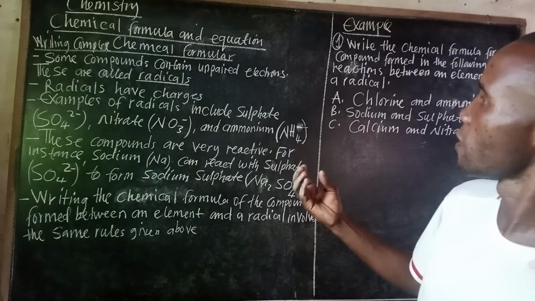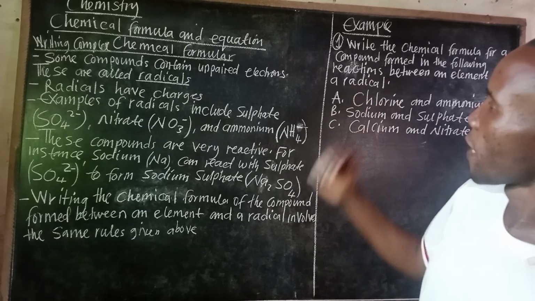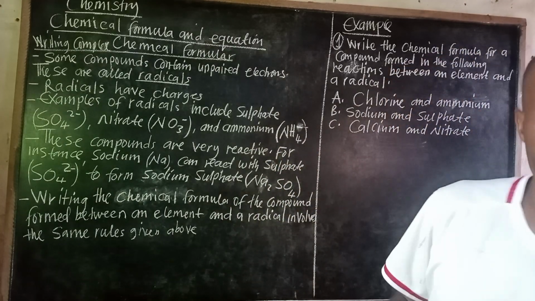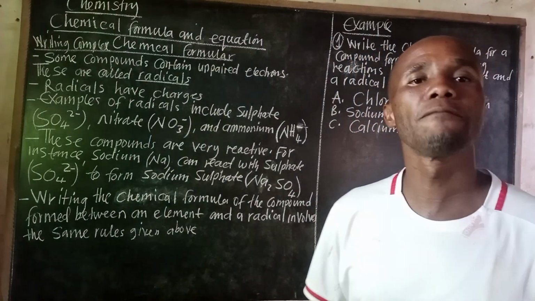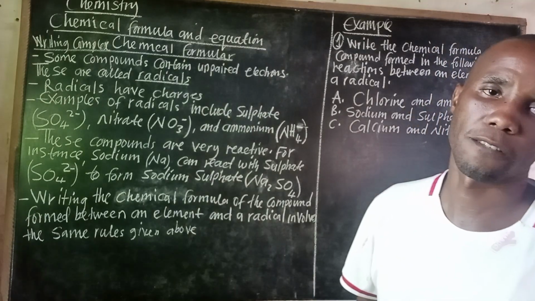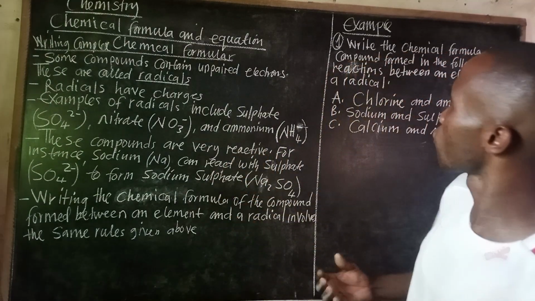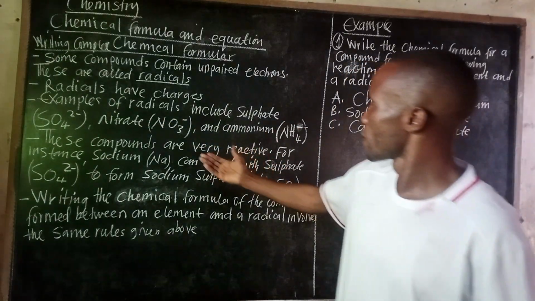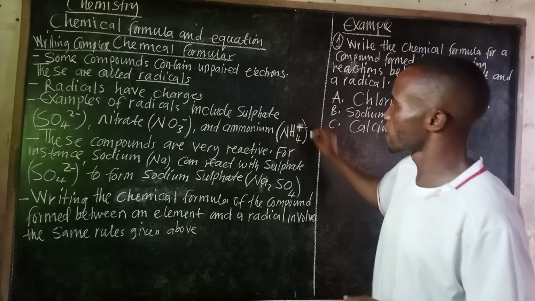Radicals have charges, meaning positive charge and negative charge, and therefore they are very reactive. Examples of radicals include sulfate, negatively charged, nitrate, negatively charged, and ammonium, positively charged.